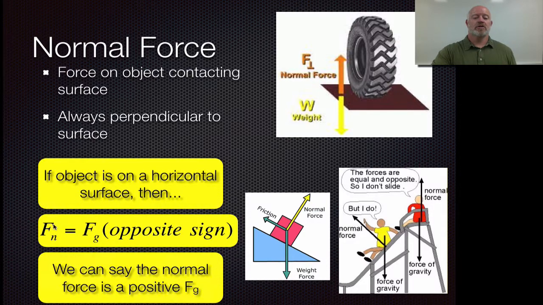So your normal force, F sub N for normal, will equal, with the opposite sign, remember, gravity is going to be negative, this will be positive, so I would write that in. Put a little negative sign here, a little positive sign here. It's going to be equal but opposite of gravitational force as long as we have a horizontal surface. So we can say that the normal force is a positive Fg.